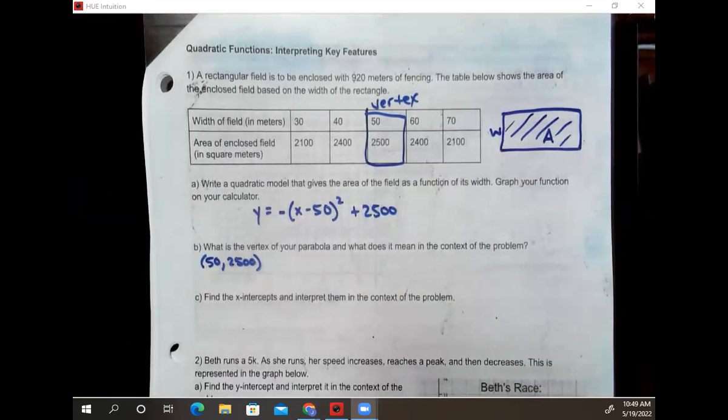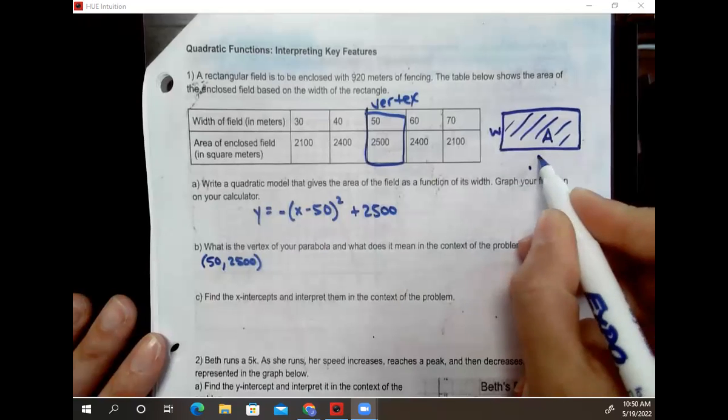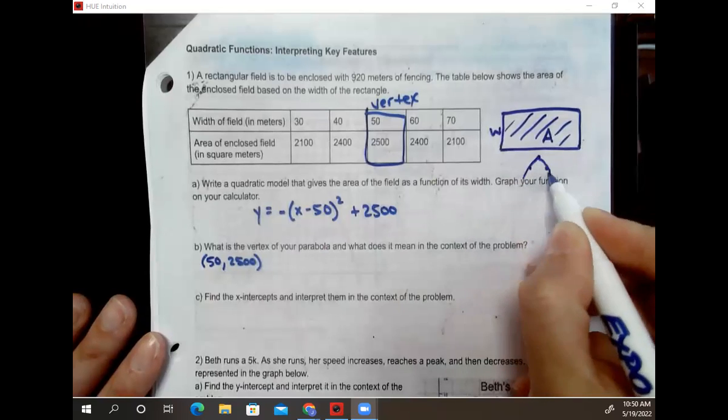The piece that I want to make sure I address when I talk about describing the vertex in the context of the problem is that one, give labels to each of these, but two, since this is the vertex of the parabola, that means that this is the greatest area we're going to see. Again, we talked last time about how that y value for the vertex is greater than the y values around it.